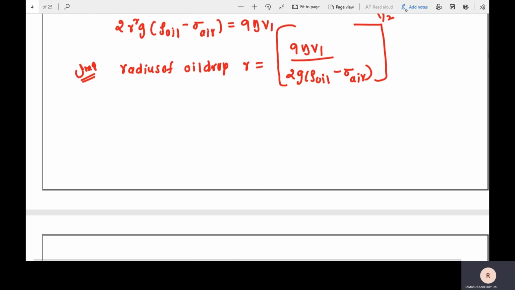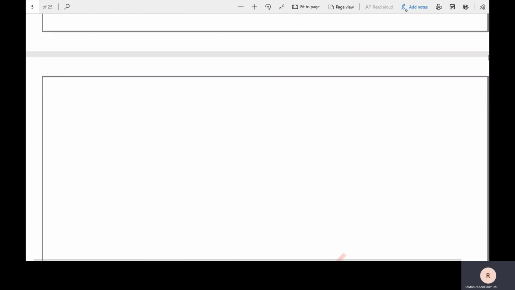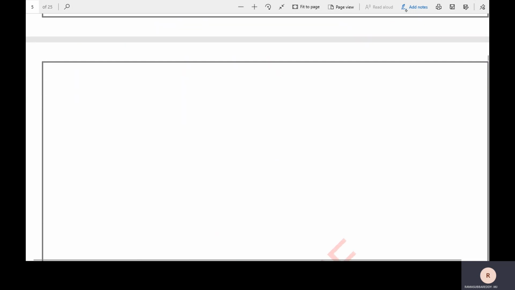Now we will find in the presence of electric field, case 2, that is with electric field. With the electric field condition we will find the charge of the electron. That is our main aim.